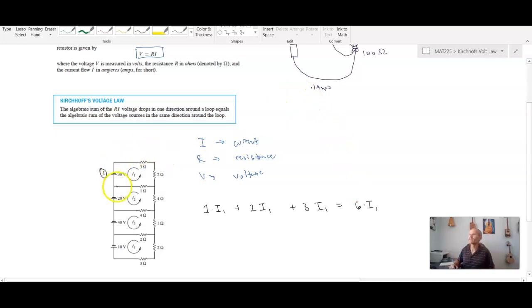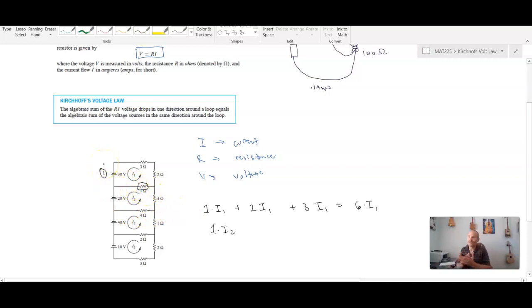But we also have to consider that there's current flowing in the opposite direction in this loop too. This resistor right here has another voltage drop associated with it, and that is due to this current here. This resistor in terms of I2 would be 1 times I2, but it's in the opposite direction.